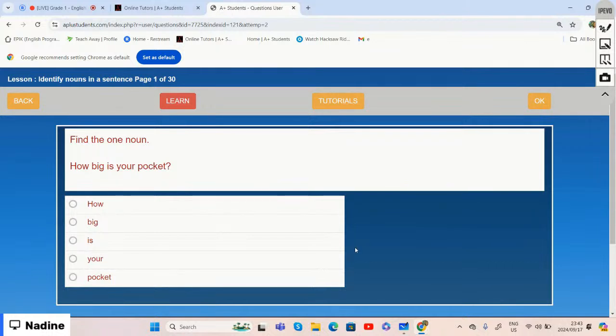If we were to find the noun, is it how? Is it big? Is it is, your, or pocket? We need to find the noun.